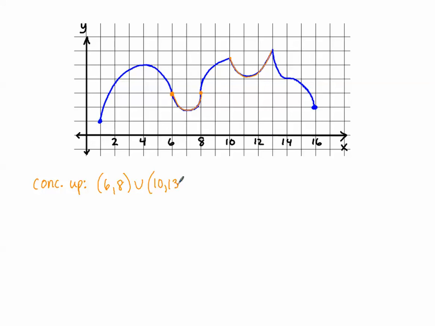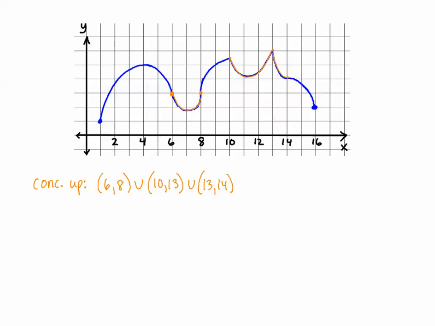Can you find any other intervals that are concave up? Let's list them all. 13 to 14. I can't say all the way from 10 to 14 because here there's a cusp, it's pointy, there is no derivative there, there is no tangent line. And if I can't draw a tangent, I can't say if the curve lies above or below it. So we stop at 13.